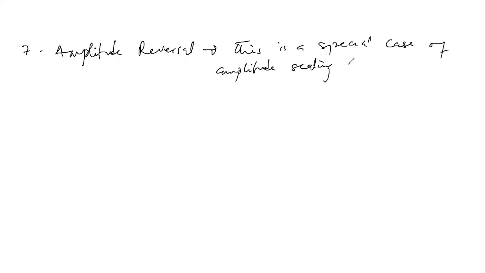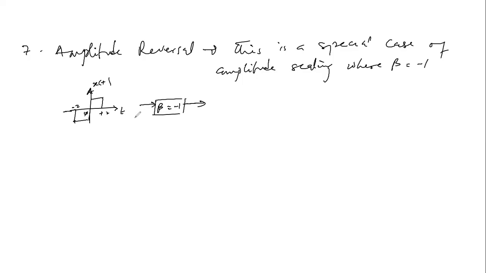Where beta is the same as -1. So given the same input as used previously, then this is -2, this is +2, this is 0, this is s of t, this is t, fed into a system where beta is -1.